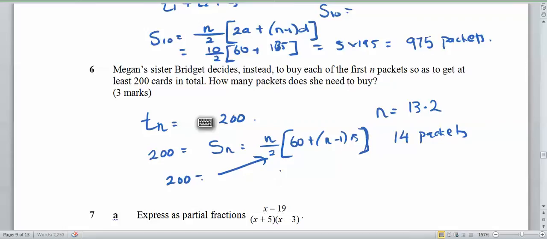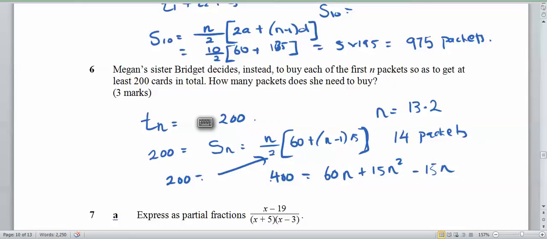Multiplying through by 2 gives us 400 is equal to, let's expand these brackets out now. We've got 60n, plus 15n squared, and expanding it out, minus 15 times n.